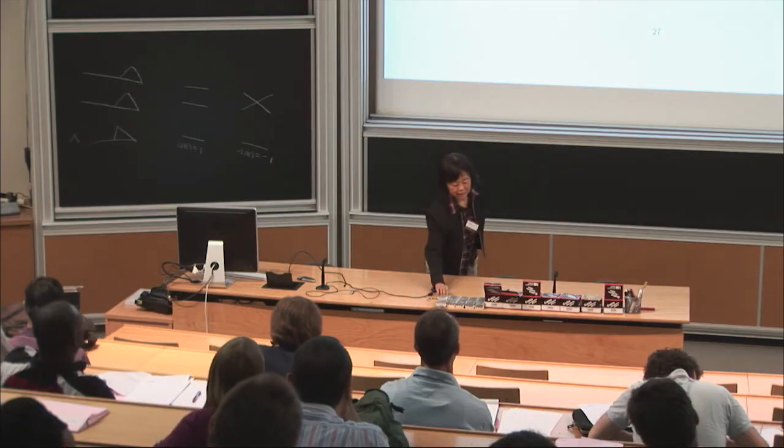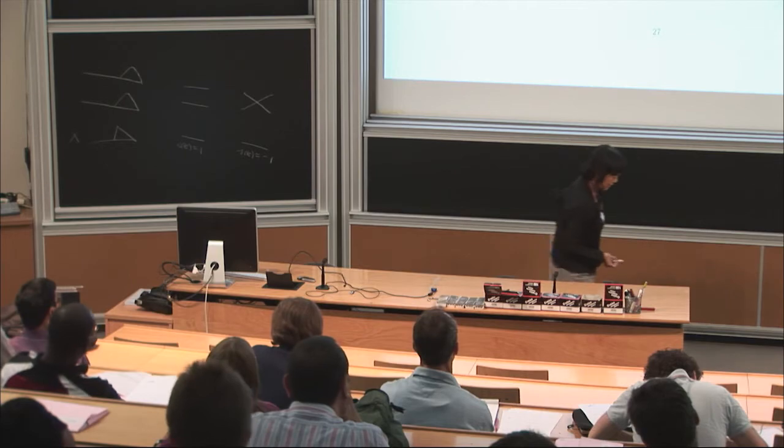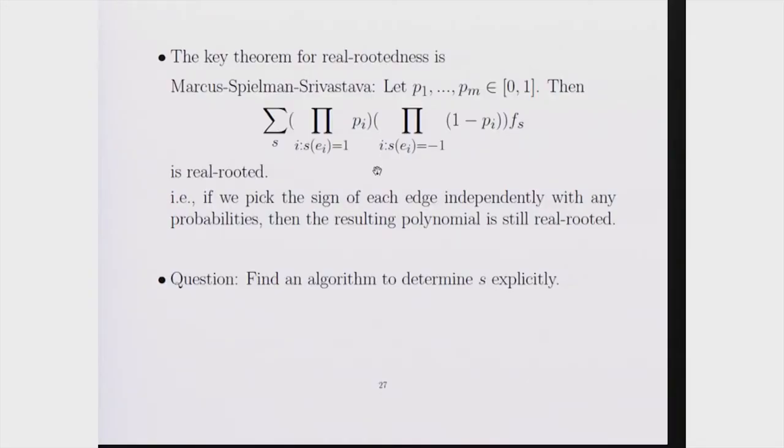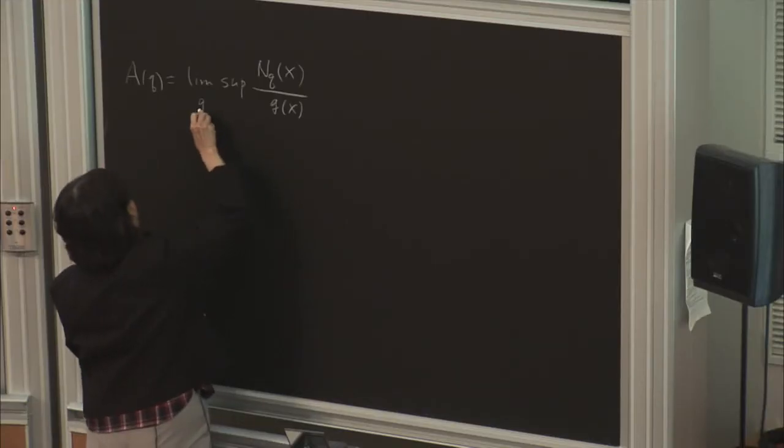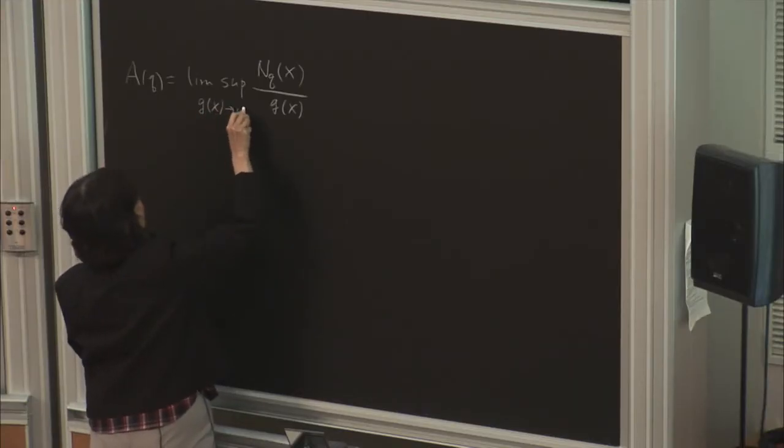I would like to end this by going back to the comparison with the towers of curves. We have the Ihara bound A(q), which is the lim sup of the number of rational points over the genus as the genus goes to infinity.